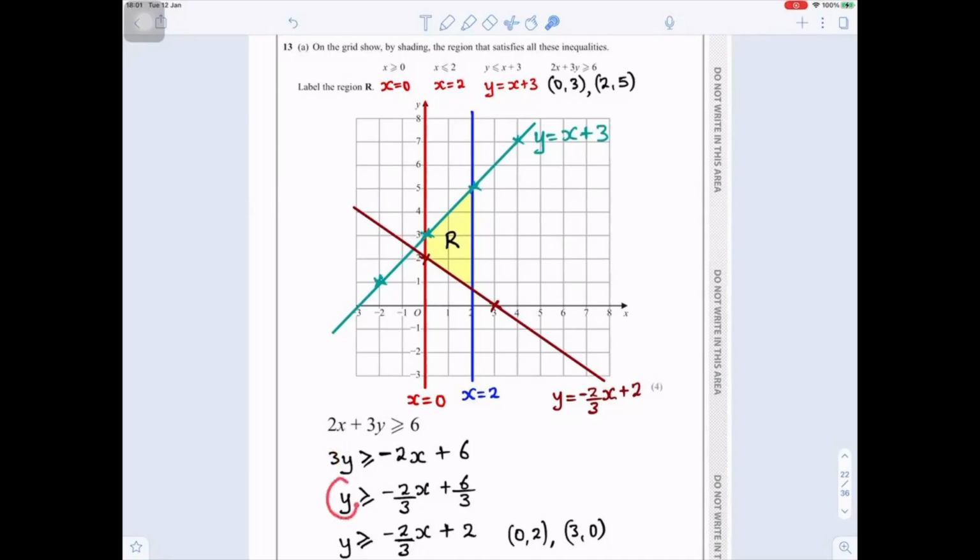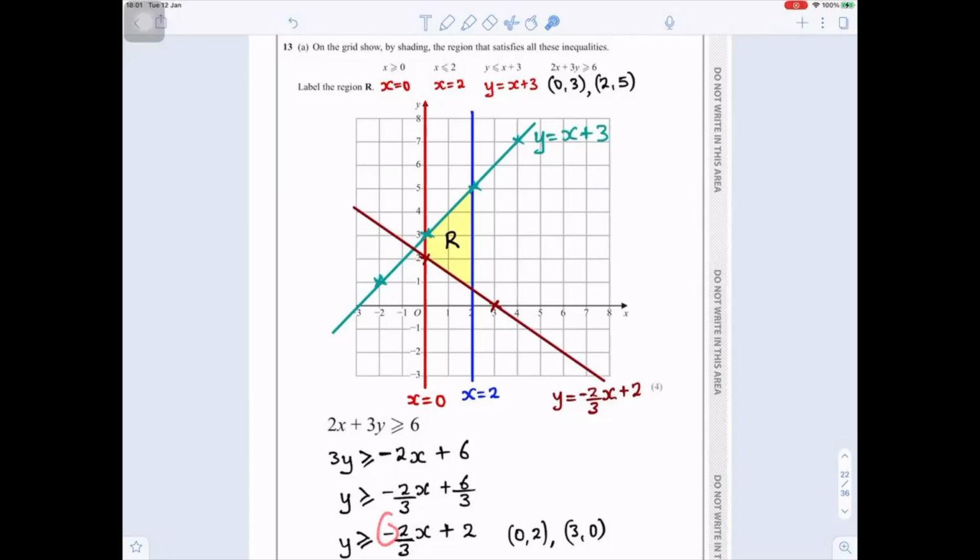So you get y on its own: y is greater than or equal to minus 2x divided by 3 plus 6 divided by 3. 6 divided by 3 is 2.